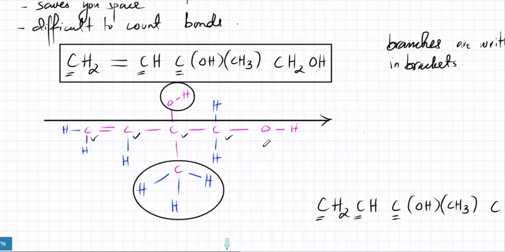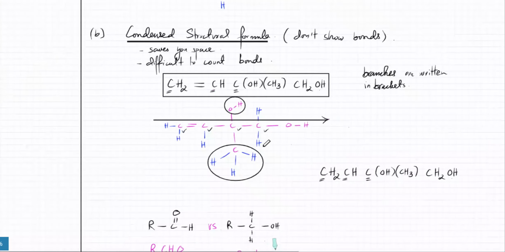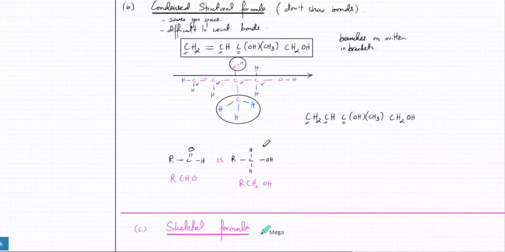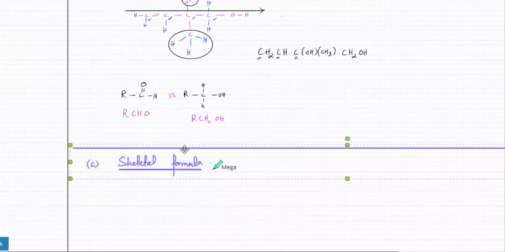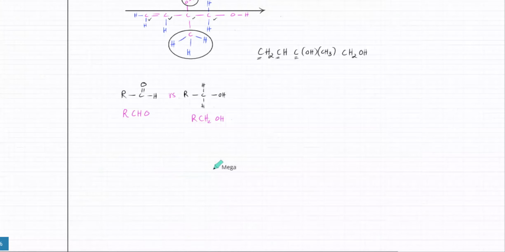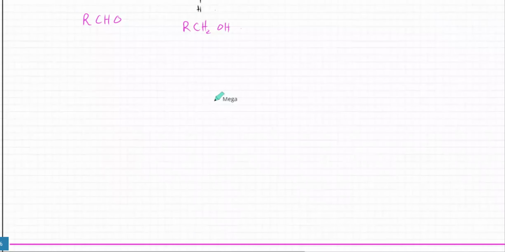And another thing is, a lot of formulas are going to be a mixture of condensed and displayed. Even the diagrams that they draw are going to be kind of a mixture of condensed and displayed.